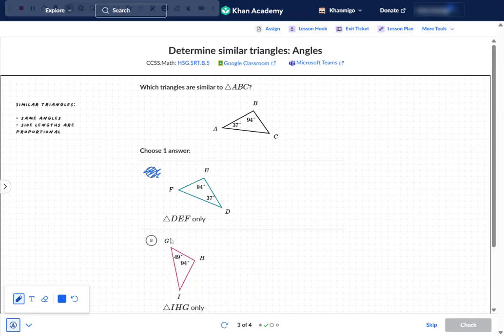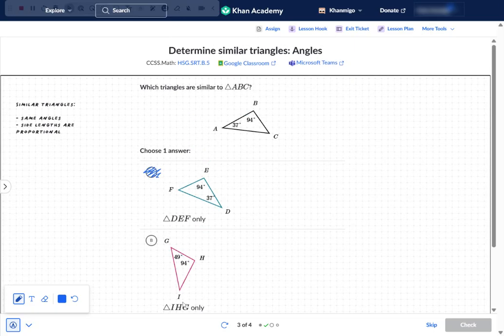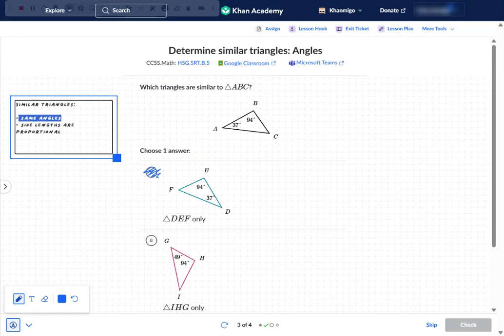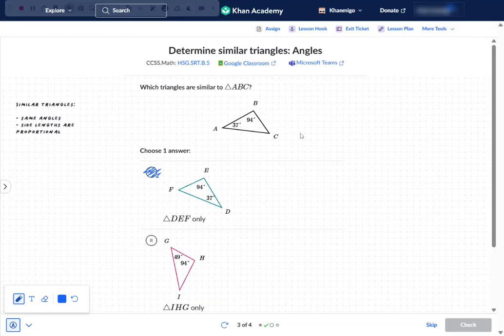But to determine if B is also the same, because it's one of them, both or neither, let's check if it is both. For sure option A is looking good because they have the same angles, which is our criteria for similar triangles. So let's figure out that third missing angle.